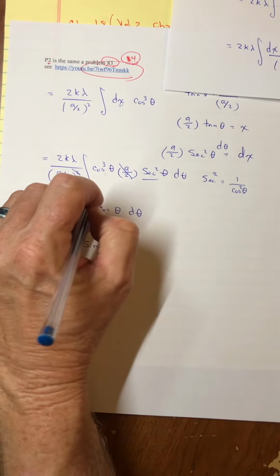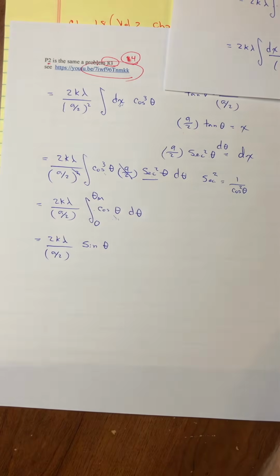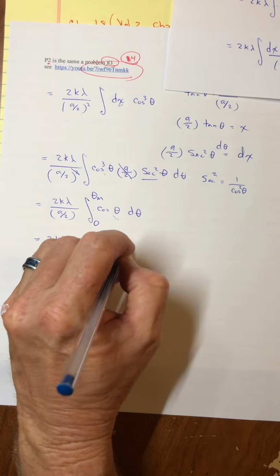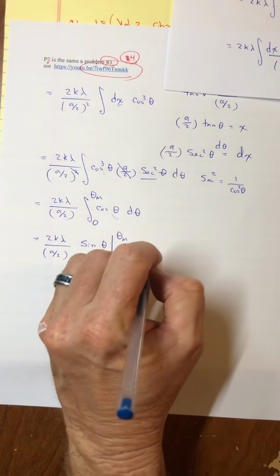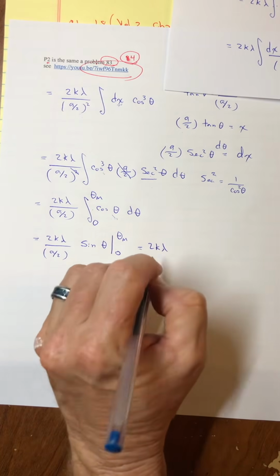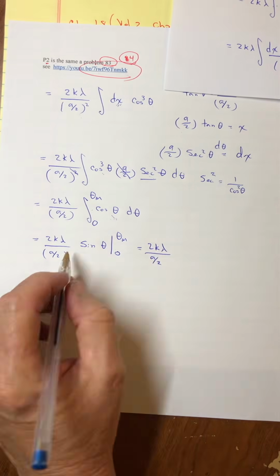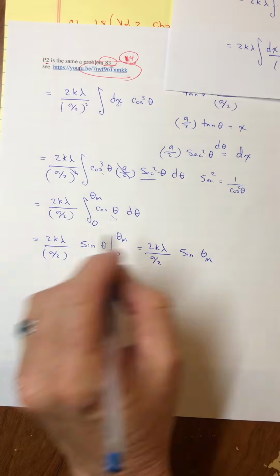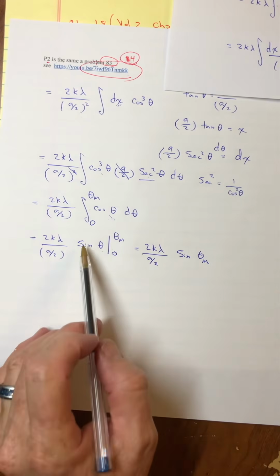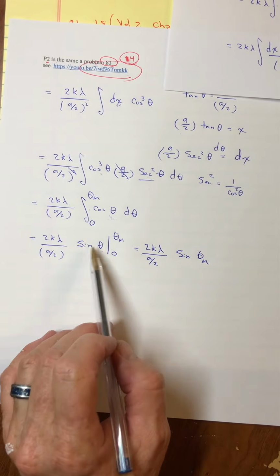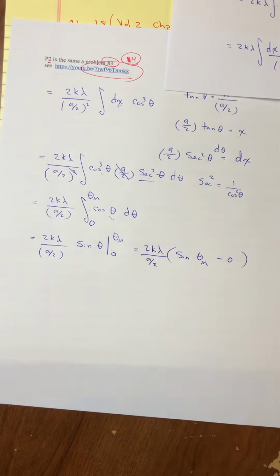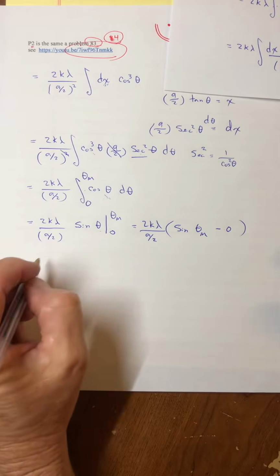So I'll call it theta maximum. Because when we put in our limits, 0 to theta maximum, we then will have just sine of theta maximum, because then we would go minus sine of 0, which is 0. So maybe for completeness, I'll put sine of the maximum minus 0.